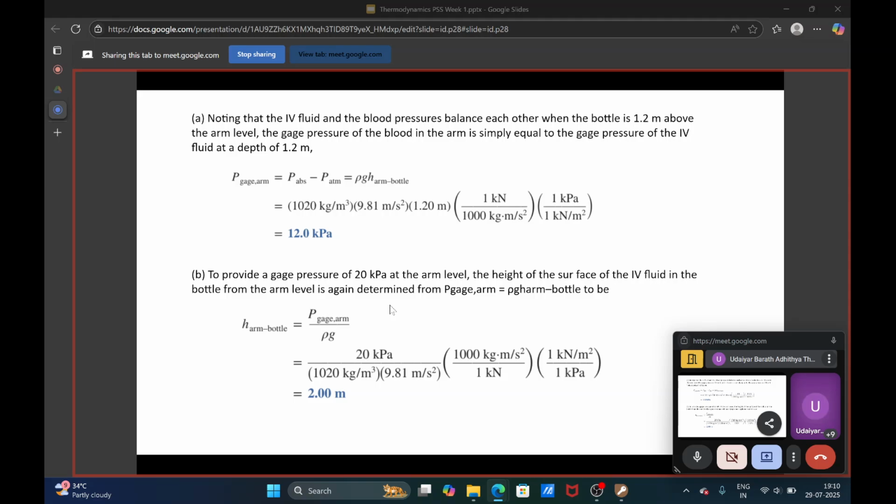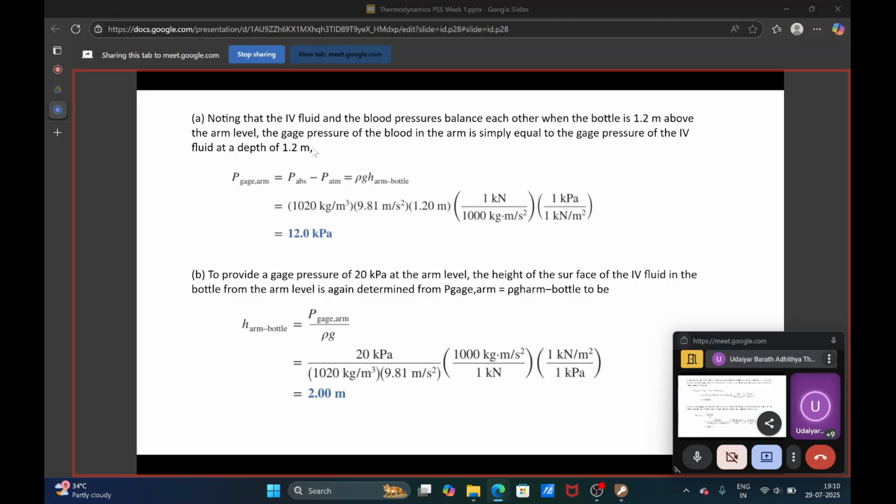Now the same pressure difference has to be created through elevation. So your pressure difference is again rho g h. P gauge is 20 kilopascal divided by your density times your acceleration due to gravity. That gives you the height at which the bottle has to be kept: 2 meters.